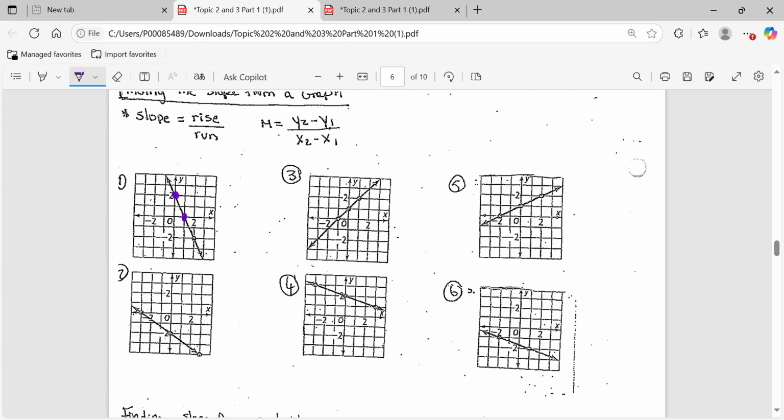But you could also count, right? So we said your slope is your rise over your run, change in y over change in x. So rise means how you go up or down. Run, you have to run on the ground. So your run is how you go left or right.